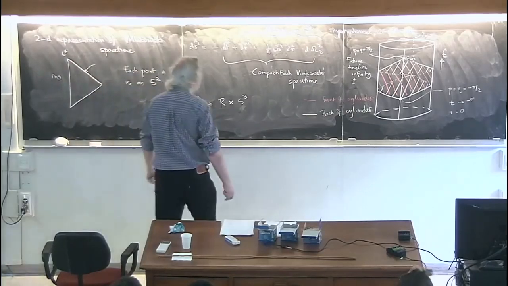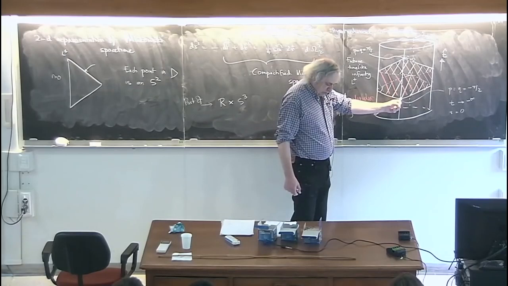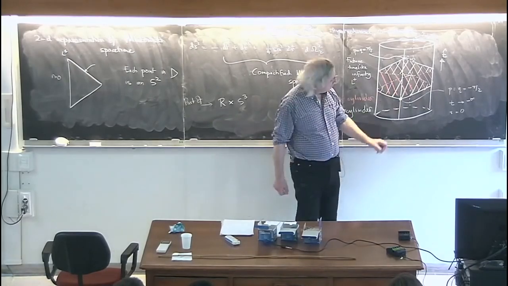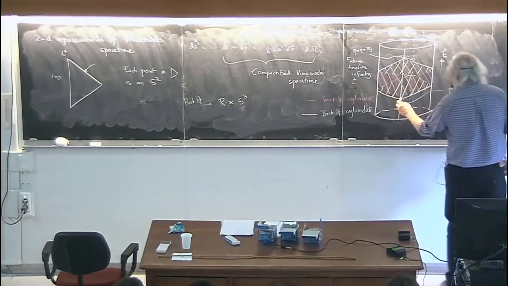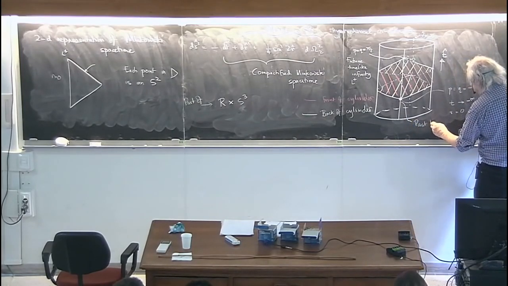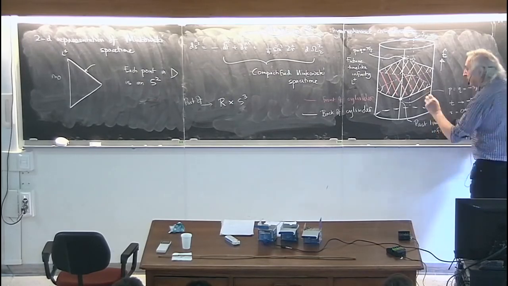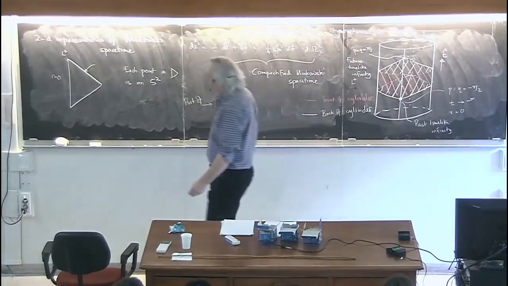Similarly, this point here is r equals 0, t goes to minus infinity. So this is sometimes called past time-like infinity, or I minus.